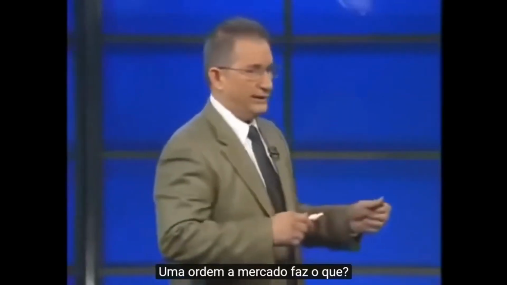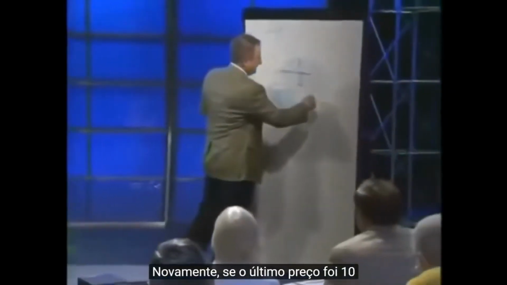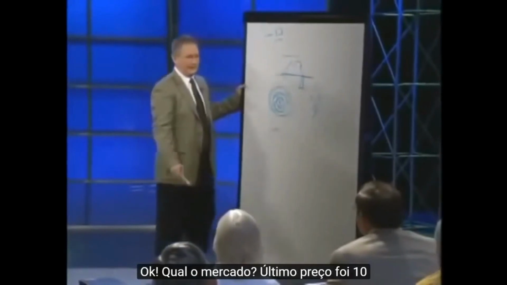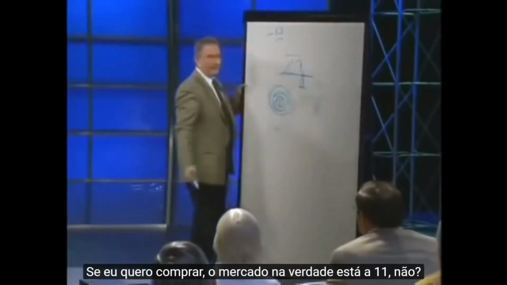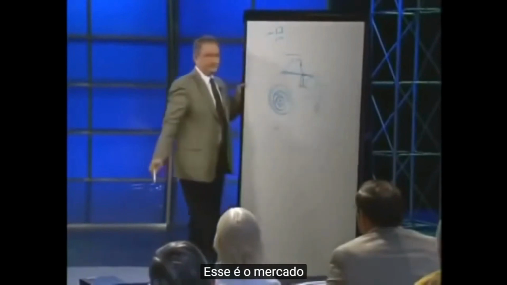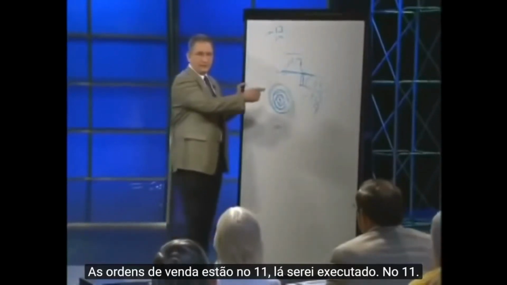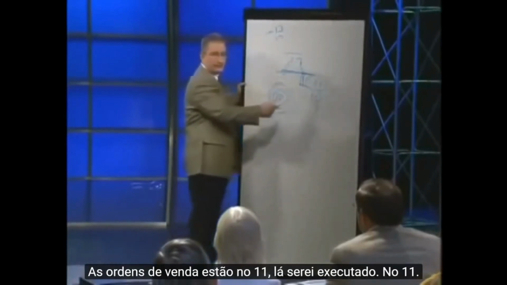Because a market order does what? If the last price is 10, we've got 9, we've got 11. What's the market? The last price is 10. If I want to buy, the market's actually 11, isn't it? That's the market, because that's where the offers are. The offers are at 11, so I'm going to get filled at 11.